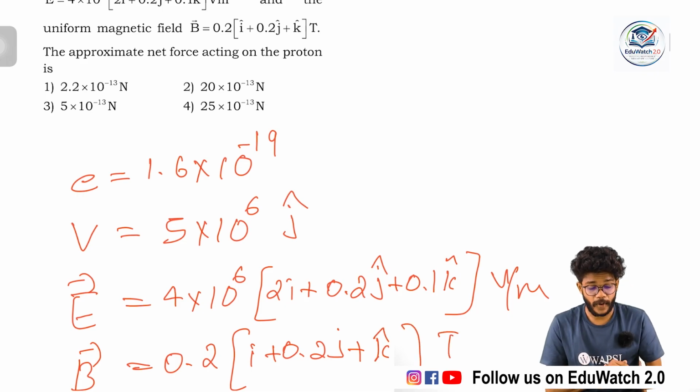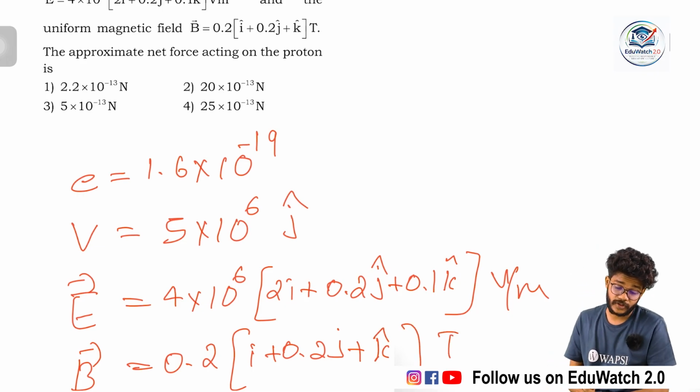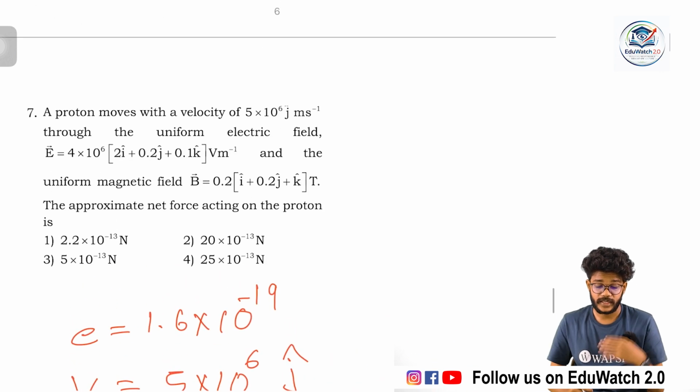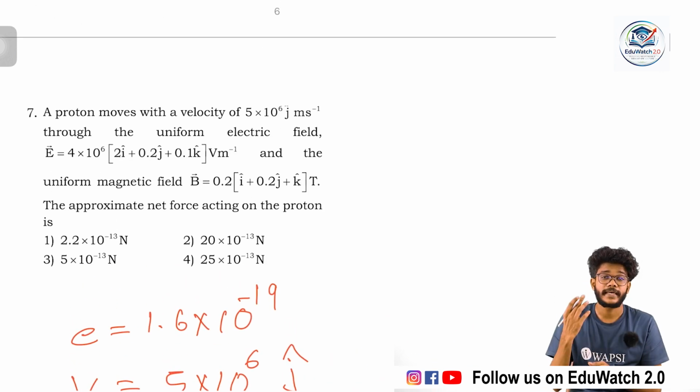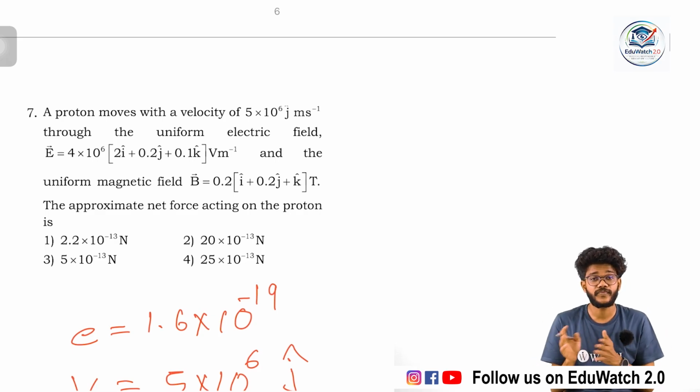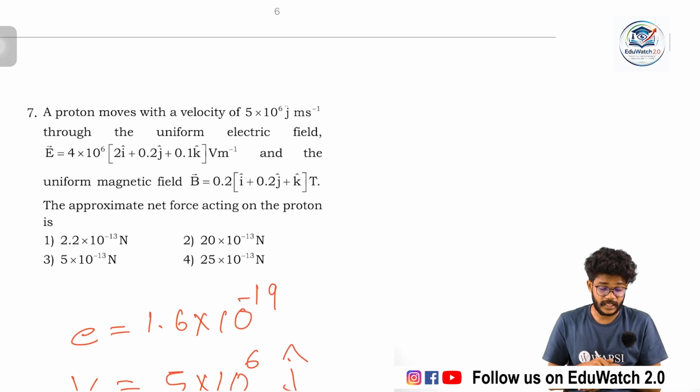Okay, find the approximate net force acting on the proton. So there is a velocity, there is an electric field, and there is a magnetic field. What is the equation for force when there is a magnetic field and an electric field?